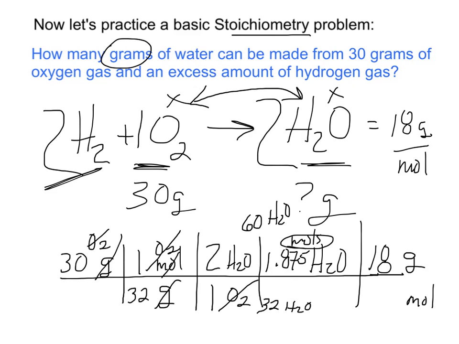So I can cancel moles and moles, and when we take 1.875 and multiply that by 18, it comes up to 33.75 grams, because that's the unit I have left, grams of water. Okay, and that would be my answer. I would end up boxing that.